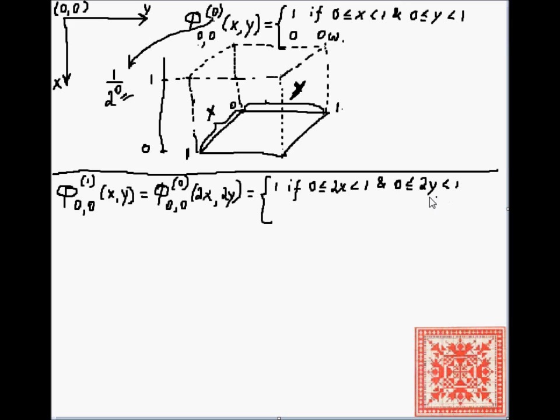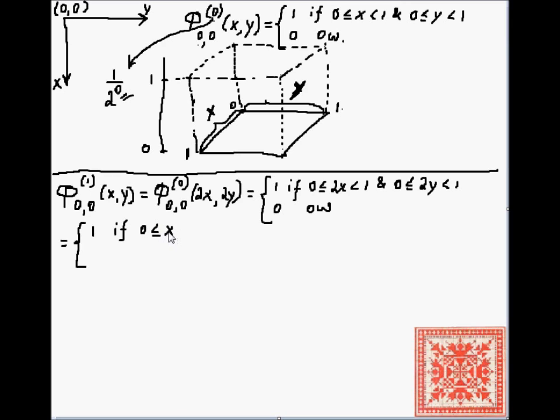In terms of the basic function defined above, phi 0 sub 0, 0, it can be defined as follows: phi 0 sub 0, 0 of 2x and 2y. It is equal to 1 if 2x is greater than or equal to 0 but strictly less than 1, and 2y is greater than or equal to 0 and less than 1, and 0 everywhere else.